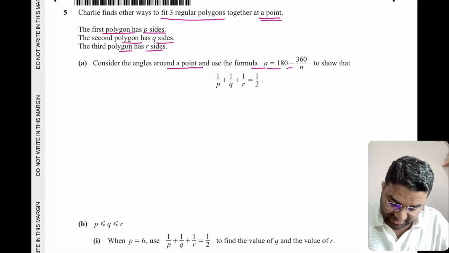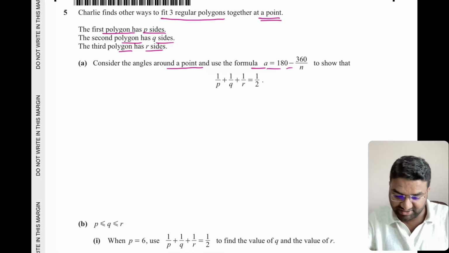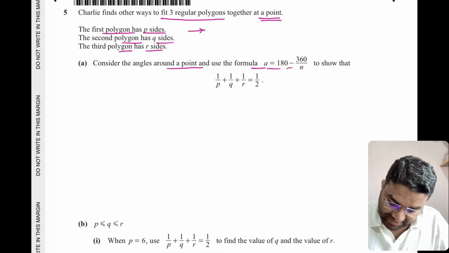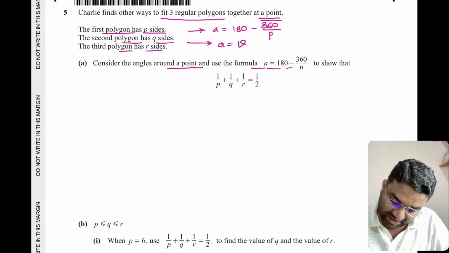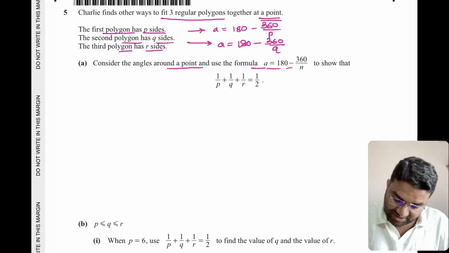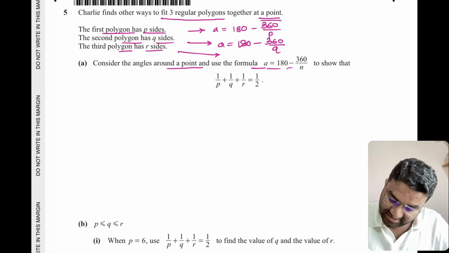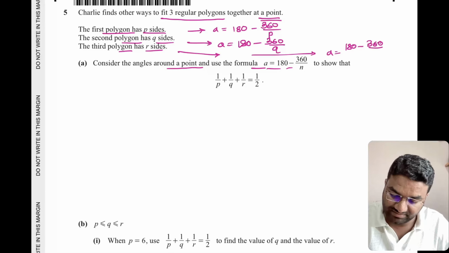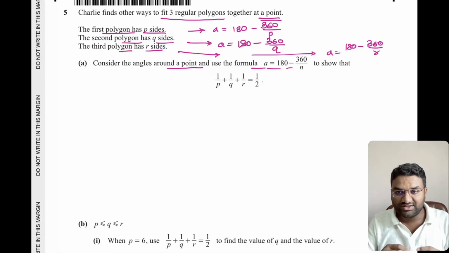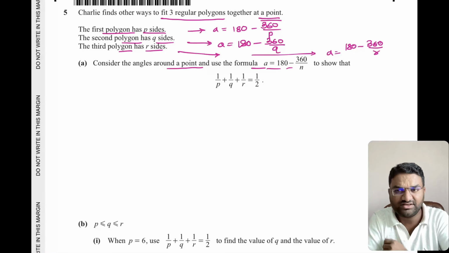The first polygon has P sides, so the formula is A equals 180 minus 360 upon P. For Q sides, A equals 180 minus 360 upon Q. For the third one, with R sides, A equals 180 minus 360 upon R.